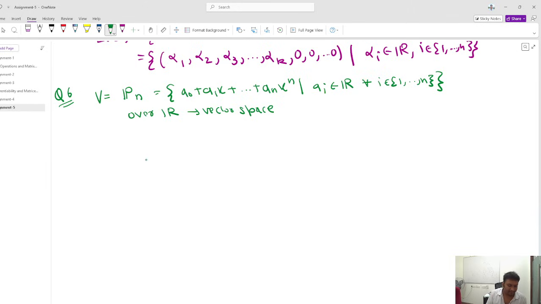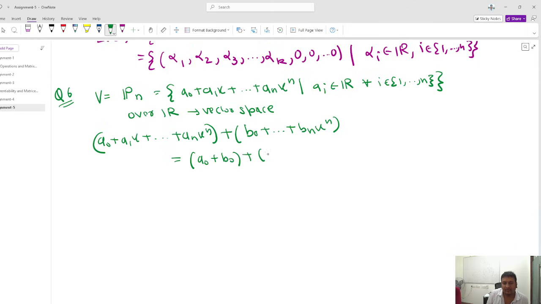And what will be the operations, guys? Let us see. If you take two polynomials, a0 + ... + an x^n plus b0 + ... + bn x^n, how to add them? Add them coefficient-wise. You know that already from your 8th class. It's just that now we are doing everything in linear algebra properly.